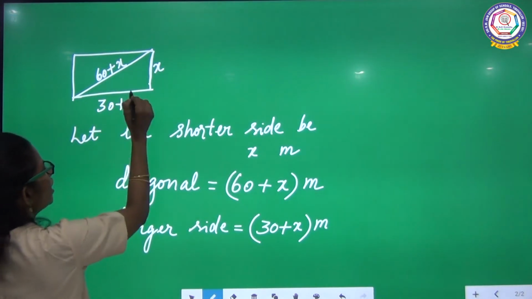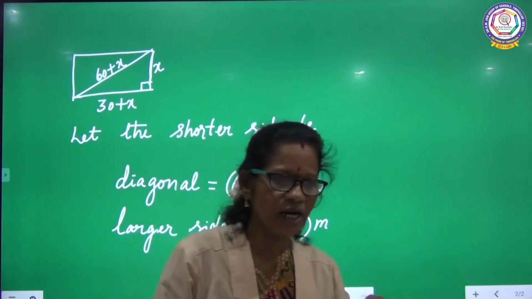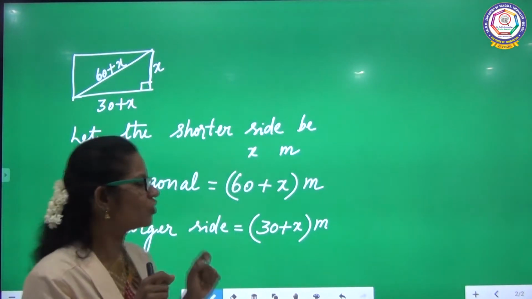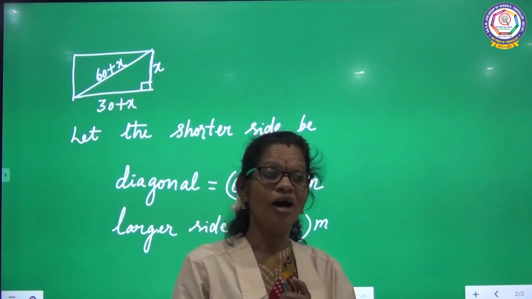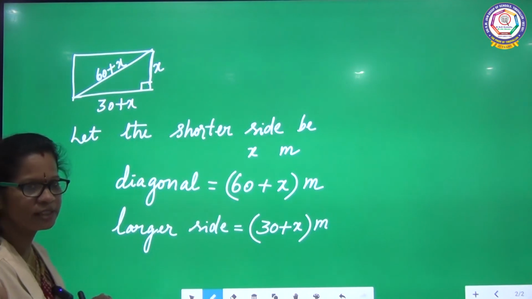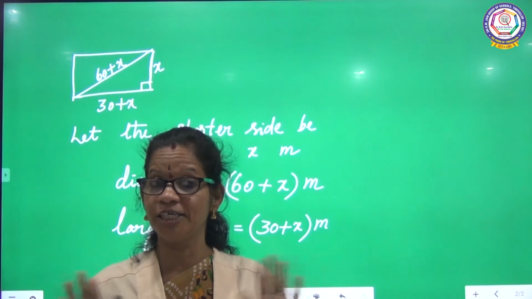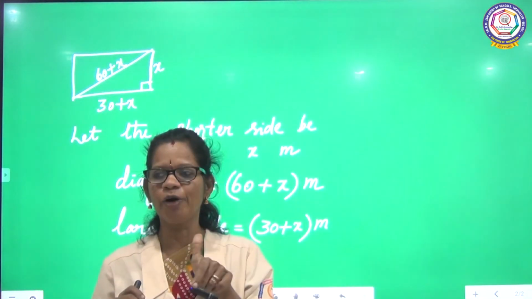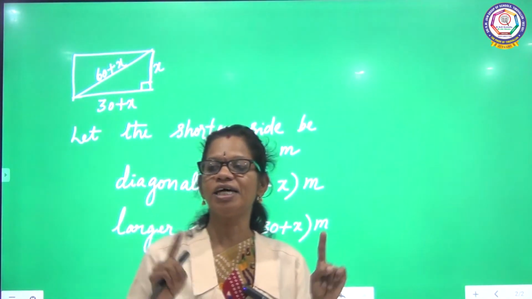It is a right triangle. Why am I saying it is a right triangle? In a rectangle, the angle is 90 degrees. Right triangle means what comes to your mind, children? Pythagoras. What does Pythagoras say? You should not say AC square equal to AB square plus BC square. That is not Pythagoras. Pythagoras means the square of the hypotenuse equals the sum of the squares of the other two sides.